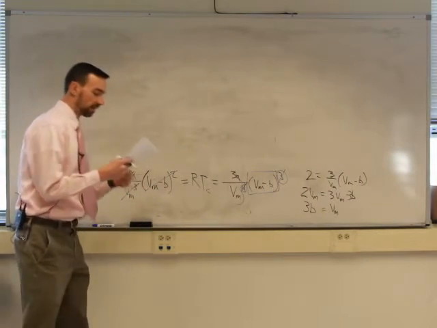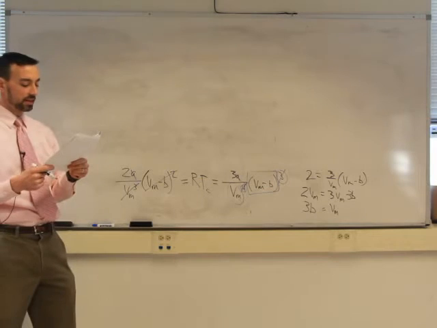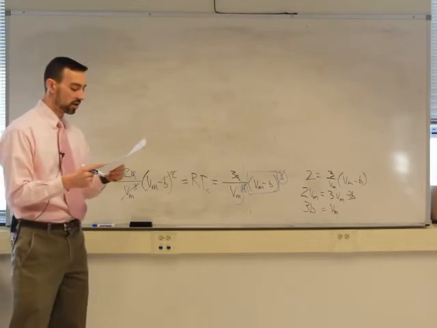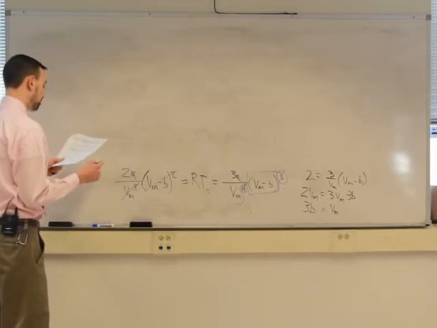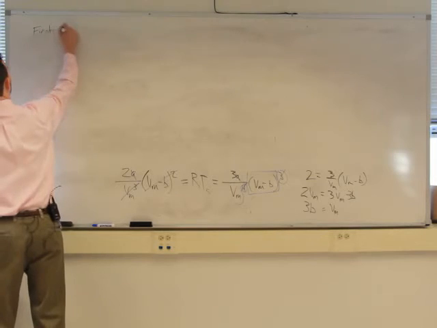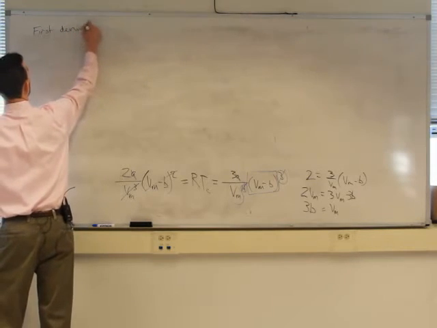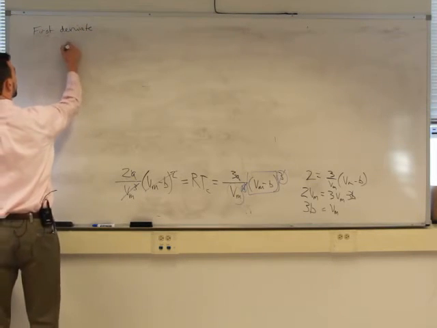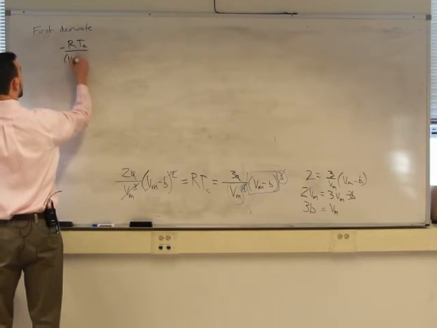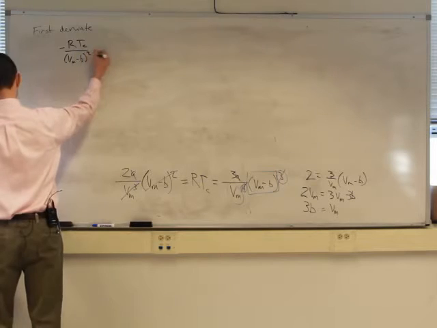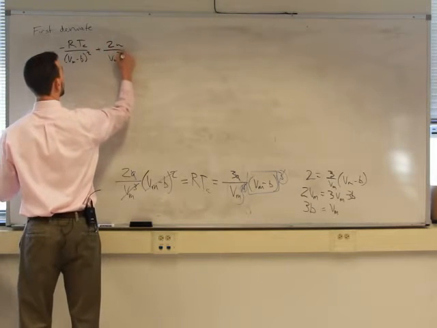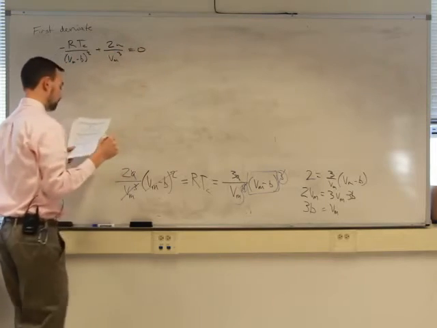And so the first step would then be to use one of the equations that we had earlier. I'm going to go back to the first derivative. The first derivative expression was negative RTc over Vm minus b squared plus 2a over Vm cubed equaled 0.